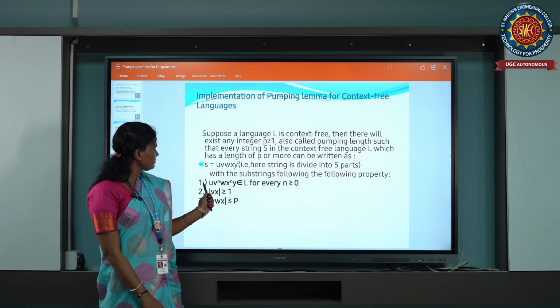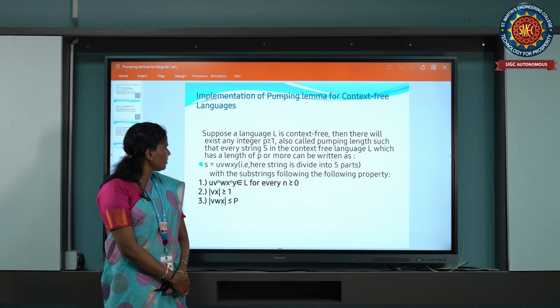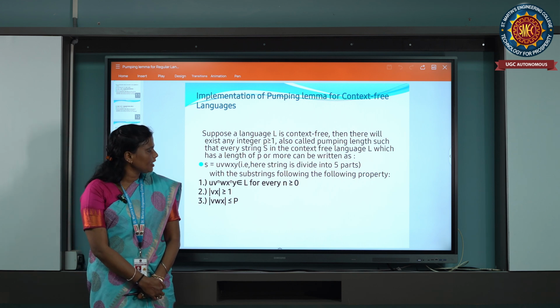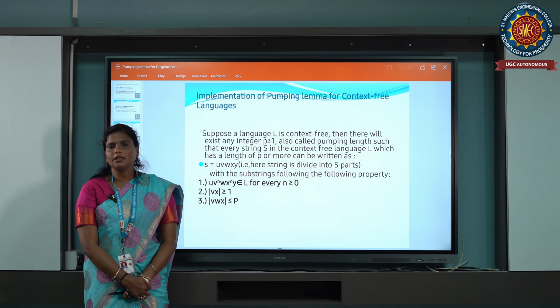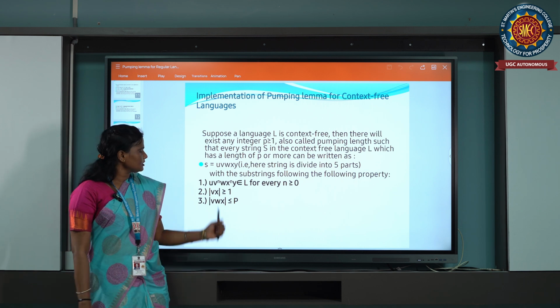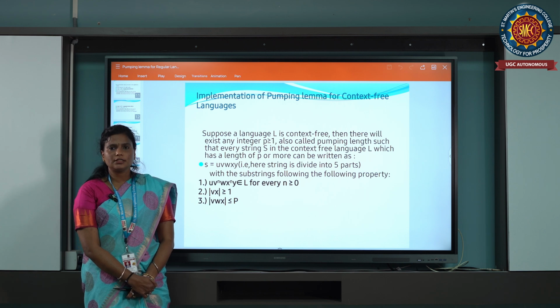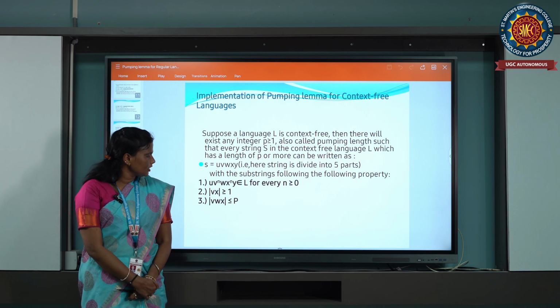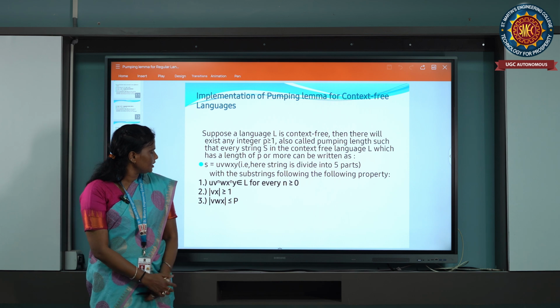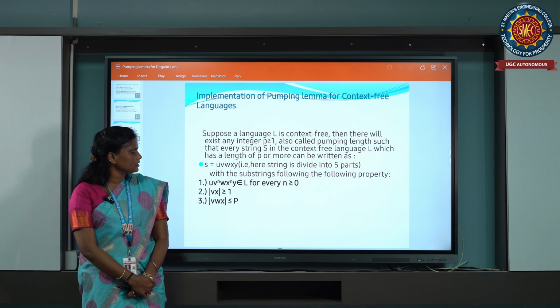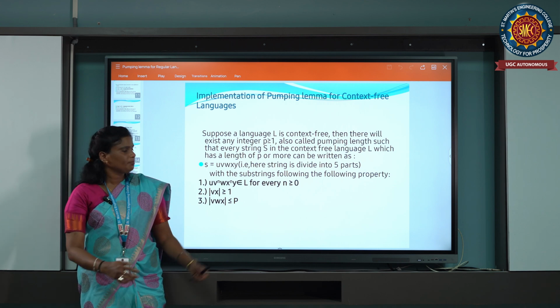The first is u v to the power n w x to the power n y belongs to L for every n greater than or equal to 0. The next condition is that length of vx is greater than or equal to 1. And the third is that length of vwx is less than or equal to p, the pumping length.